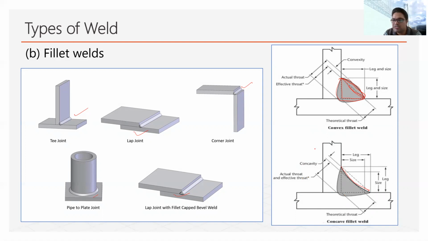There are some terms associated, like this value. This value is called the leg, or the size. This is also called size or leg. Then this term is called the throat. We will see more detail about it in later slides.